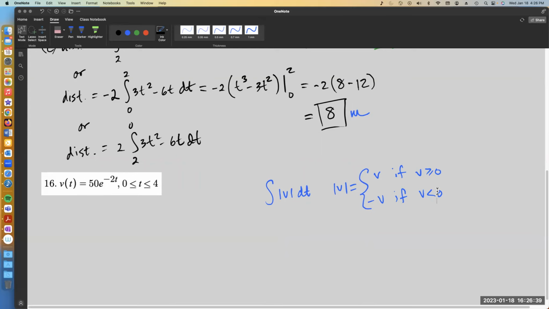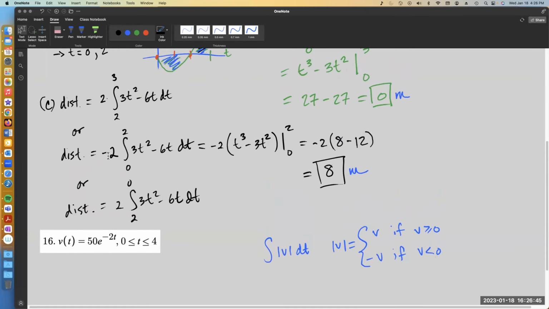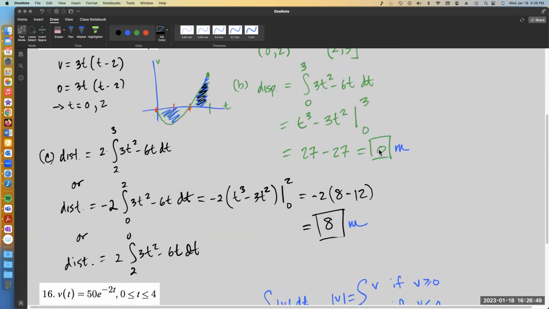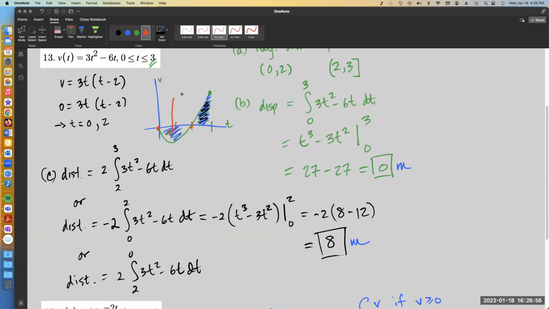I have a question. Why did we multiply it by -2? Where did that come from? So what we said was that the displacement is 0. And if the displacement is 0, that means that these two areas must be equal.